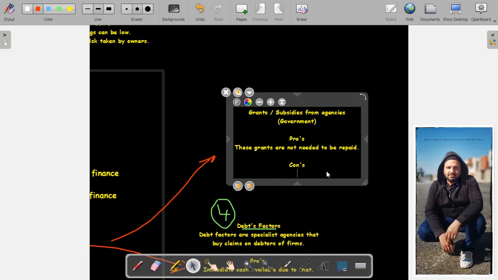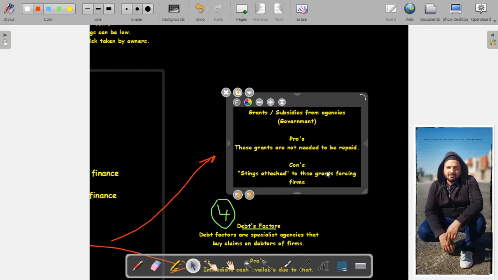So, stings attached to these grants, forcing firms, for example, to locate in a specific area.